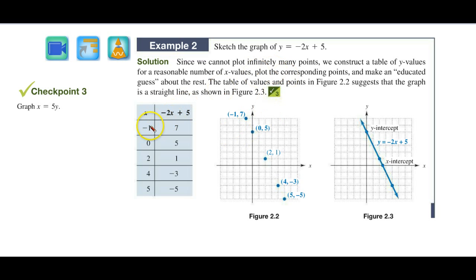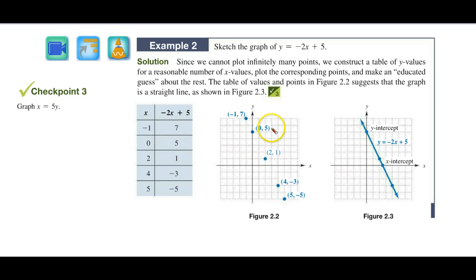You can put various points for your x value, and then you solve to find out what your y value would be. So these are sets of ordered pairs that make this equation true. And if you plot them, you see you have a straight line.